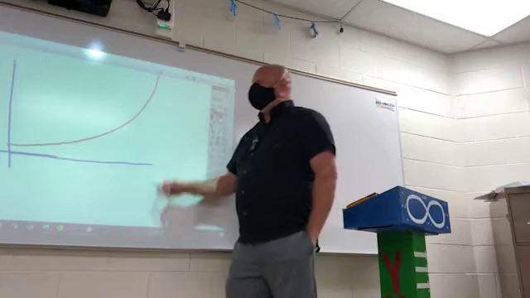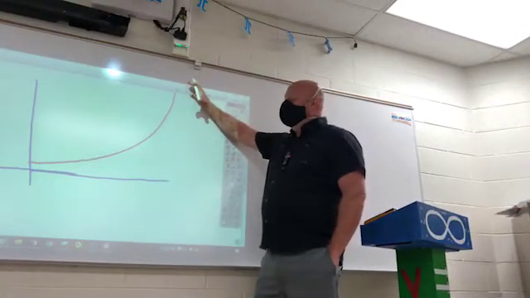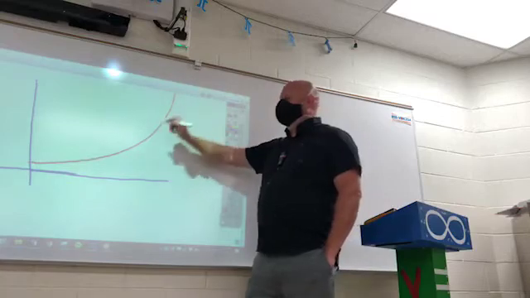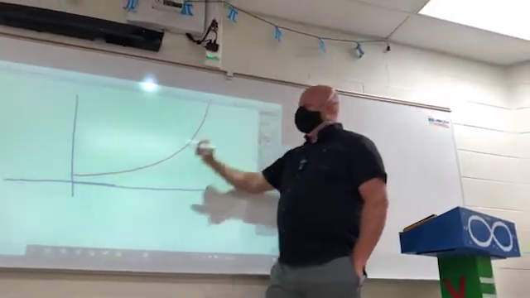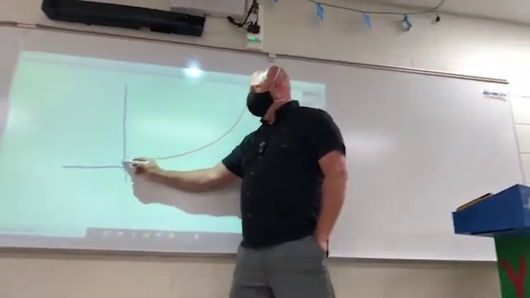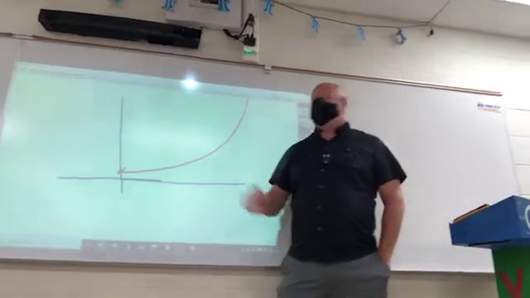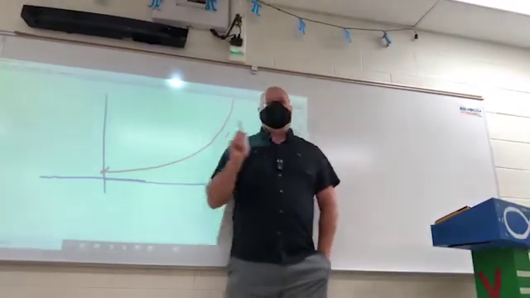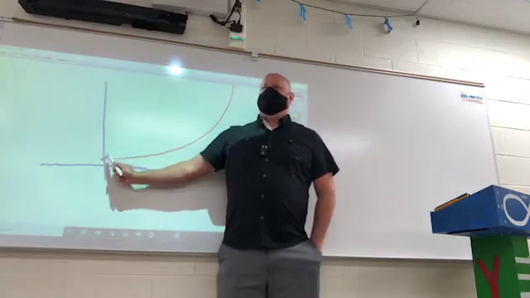Now, exponential functions work very interesting, because on the positive side, it goes like this. Now, almost all basic exponential functions will go through one key point. What are the coordinates of this point right here?